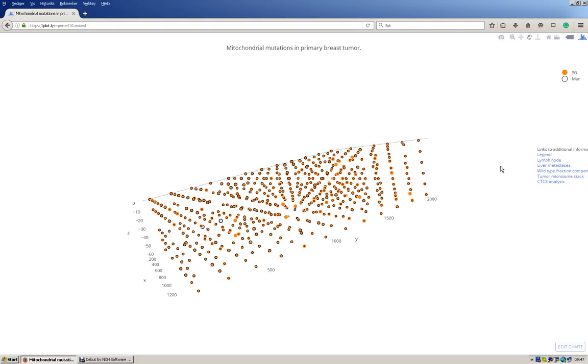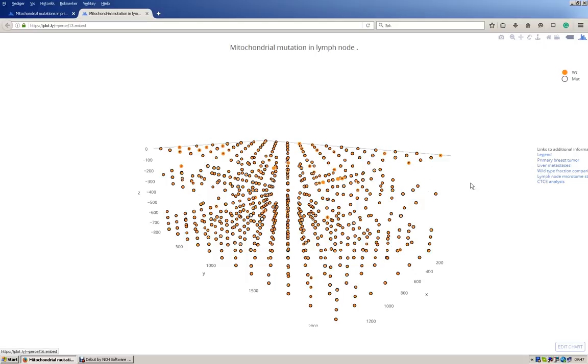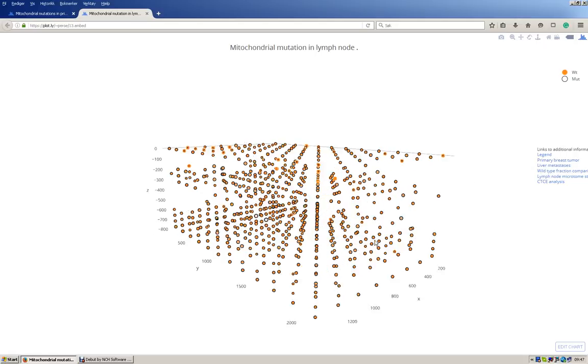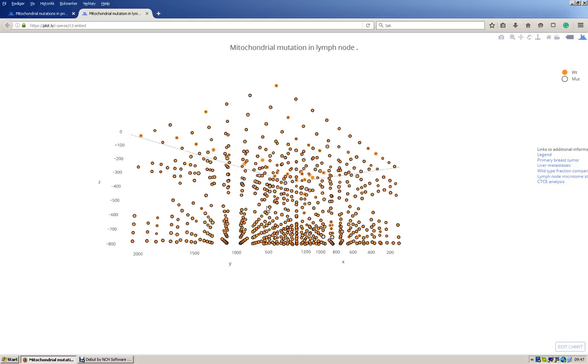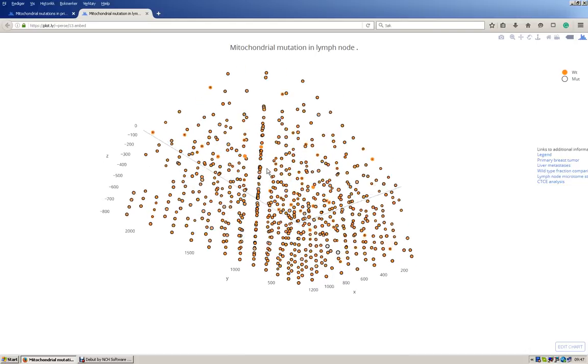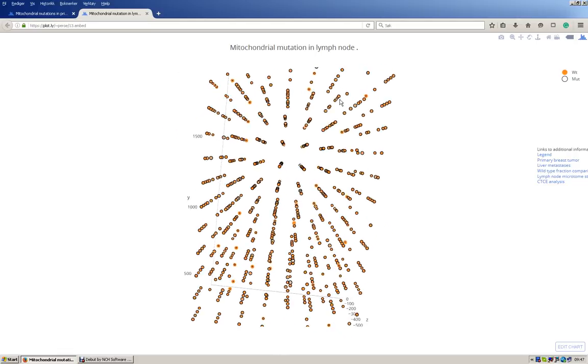We are lucky enough to have the lymph node operated from the same patient, and we have performed the same experiment. As you can see, we can track the same mutation to a lymph node, and we can rotate it around and have a visualization of it.